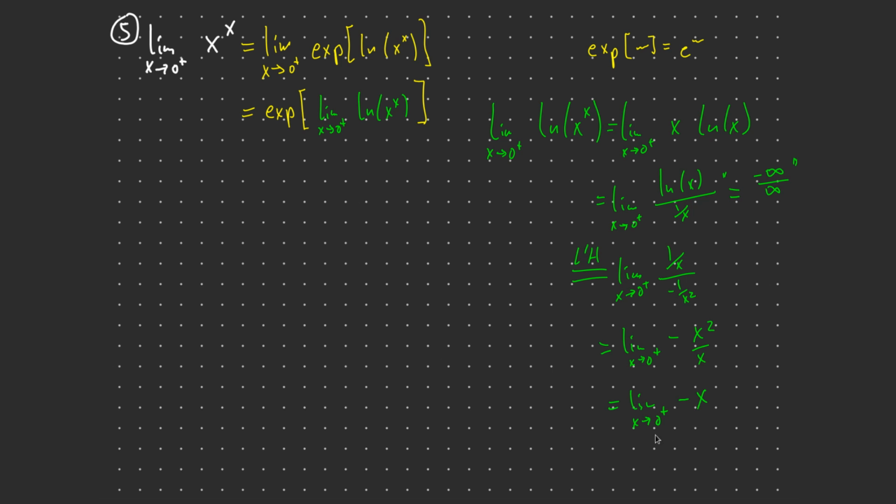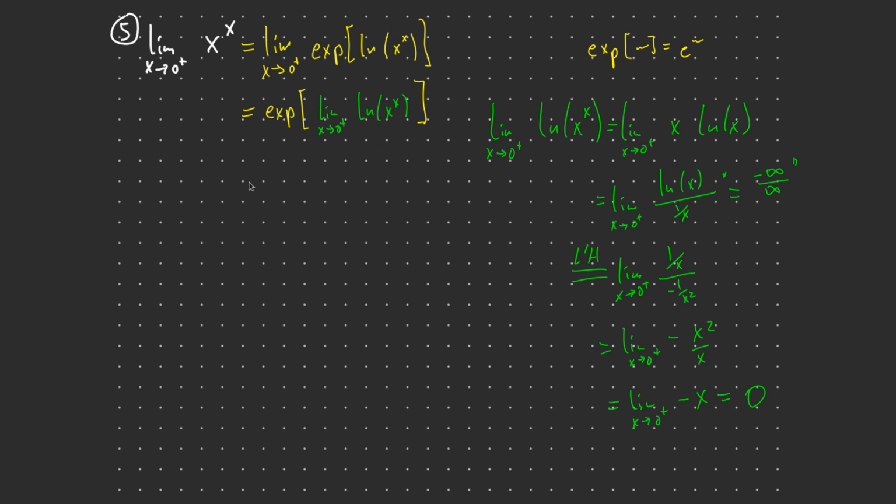Okay, and now once I have it in this form, the limit as x goes to 0 of negative x, well, that's just 0. I can just plug in that 0. And so our answer is 0. But remember, this is our answer to this limit here, the limit of the natural log of x to the x. But the limit we were originally looking for was just x to the x. So we have to take the exponential of this answer.